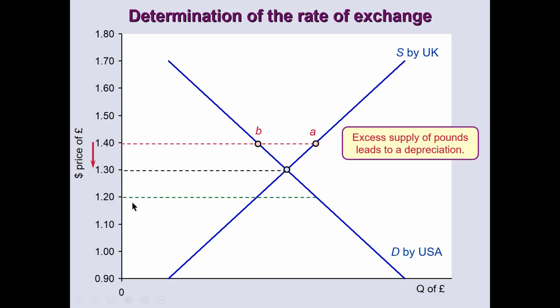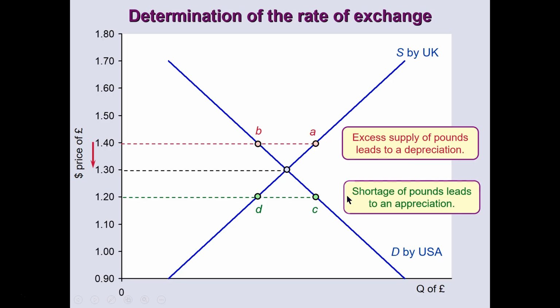If, however, we start from a different situation when the original exchange rate is below the equilibrium, shown by this green line, we will again experience a gap, the discrepancy between quantity demanded and quantity supplied. And in this case, we will experience a shortage of pounds because there will be a lower amount of pounds available on the market, shown by point D, compared to available demand for it.